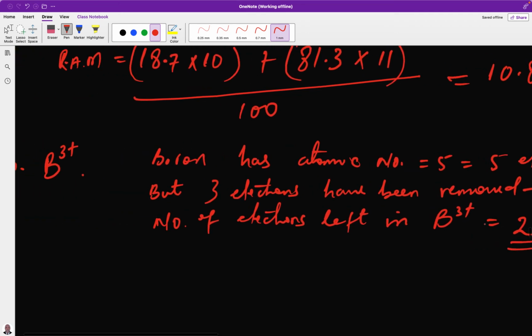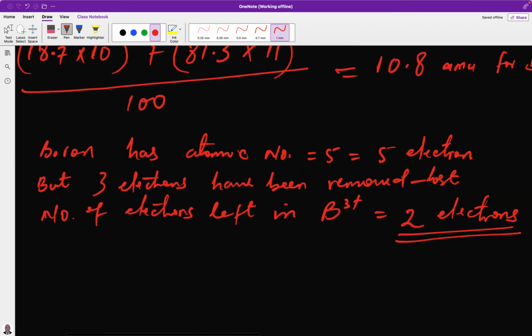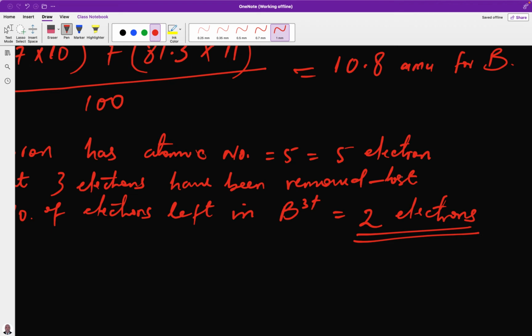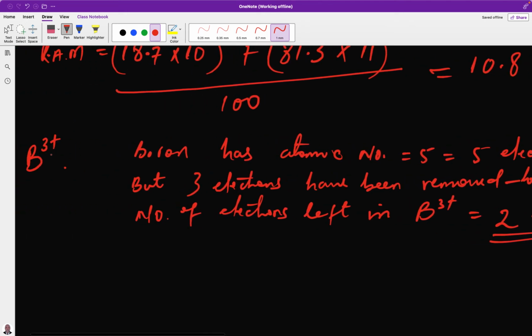So if you are asked to look for this, boron has an atomic number which is 5. An atomic number is equal to the number of electrons, or which is equal to the proton number. But 3 electrons have been lost because of a charge of plus 3. Now we only have 2 electrons left there. So that is a very simple question for you.